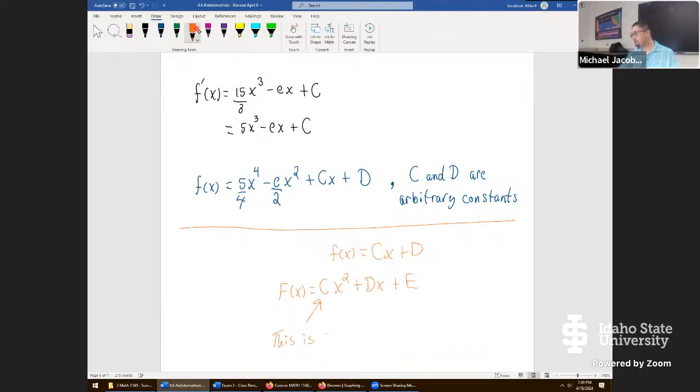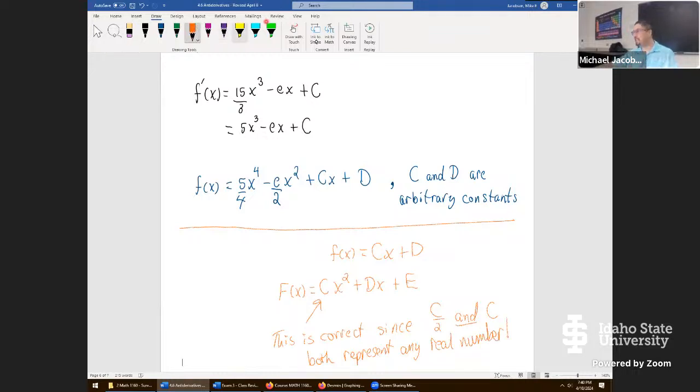This is correct since C over two and C both represent any real number.